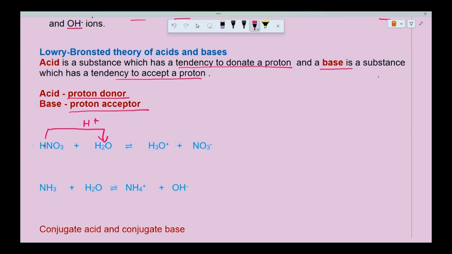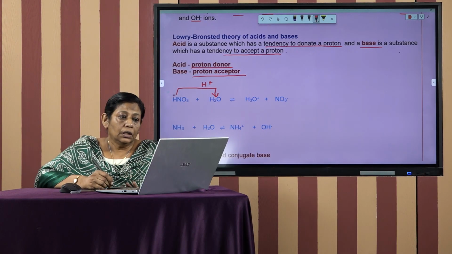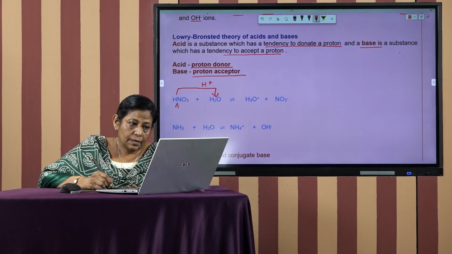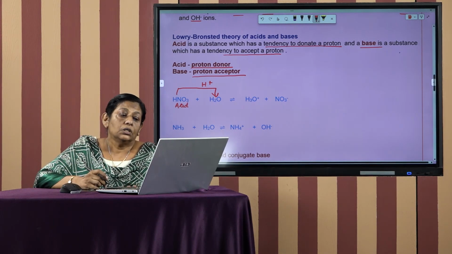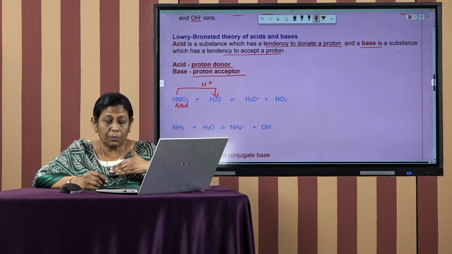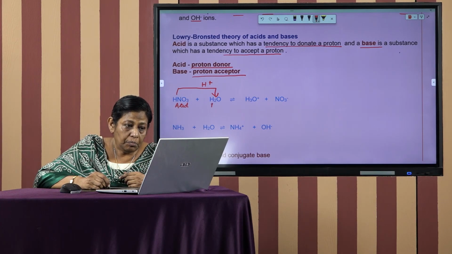After removing the H plus ion, what is left will be an NO3 minus ion. Now, this is an acid according to Lowry-Bronsted theory, because it donates a proton. Since water accepts a proton, this will be a base.